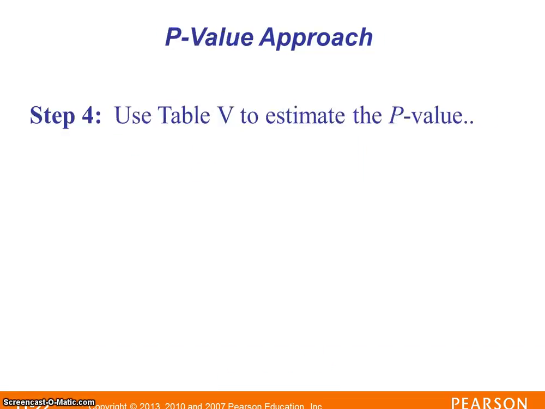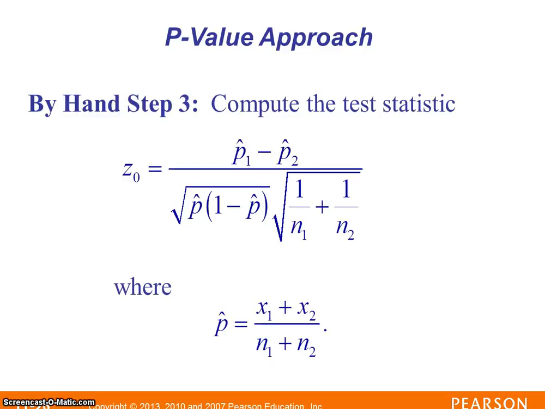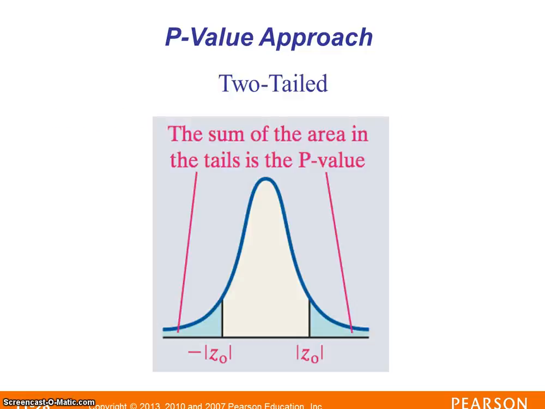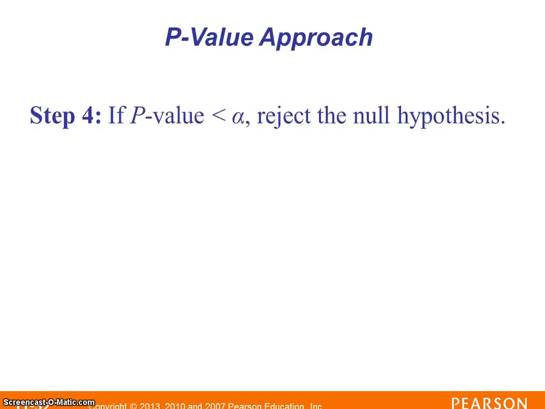If you use the p-value approach, you can either use table 5 or technology to determine the probability value. And just as before, if the probability value falls within the critical region, in other words, if it's less than alpha, you will reject the null hypothesis, just as in the previous chapter.